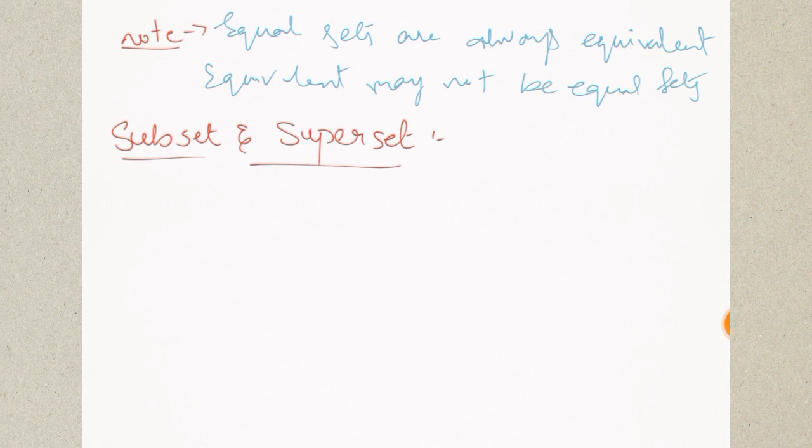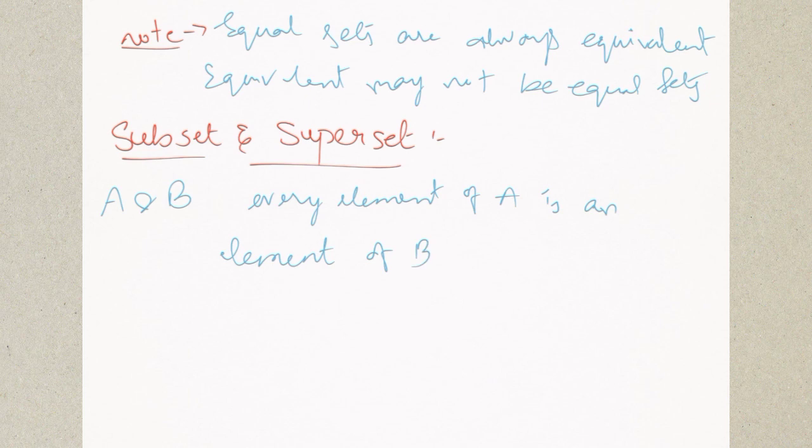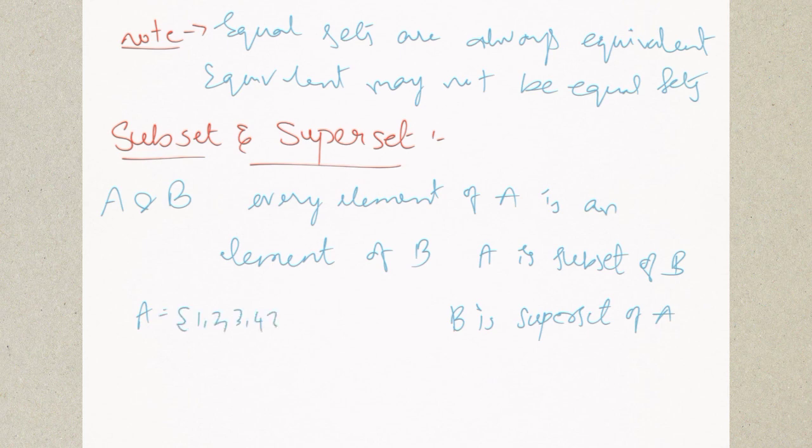Next we need to see something important, that is subset and superset. Again, let A and B be two sets. If every element of A is an element of B, then A is a subset of B and B is a superset of A. Consider a set A as 1, 2, 3, 4, and consider set B as 1, 2, 3, 4, 5, 6, 7.